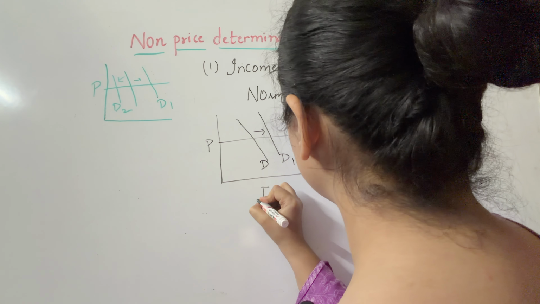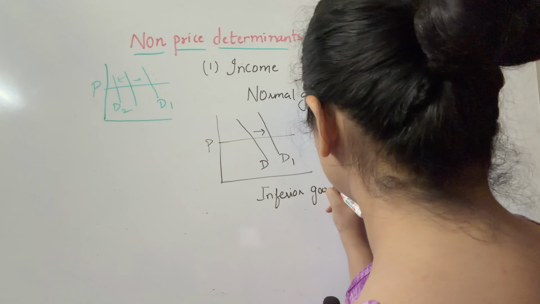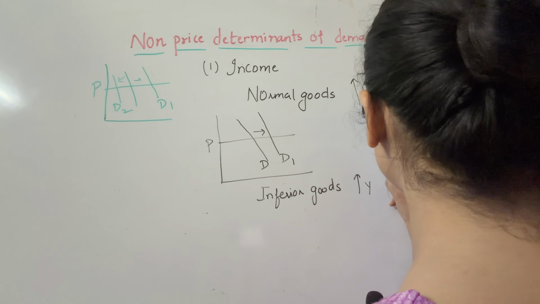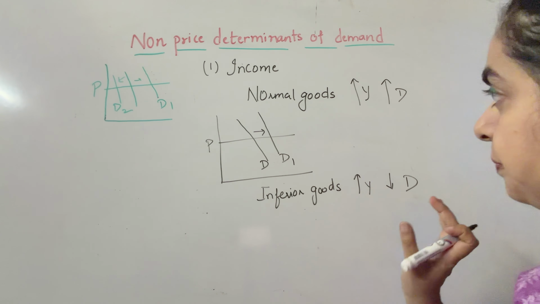In case the good in question is an inferior good, an increase in income leads to a fall in demand. As income increases, demand for the good falls.